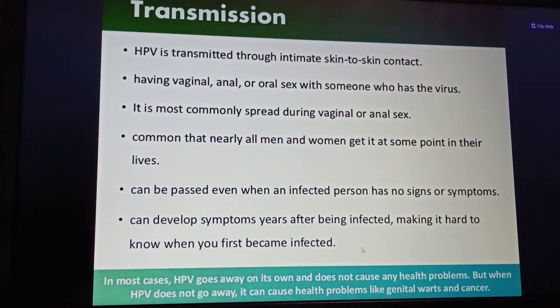It can be passed even when the infected person has no signs or symptoms, directly through secretions.